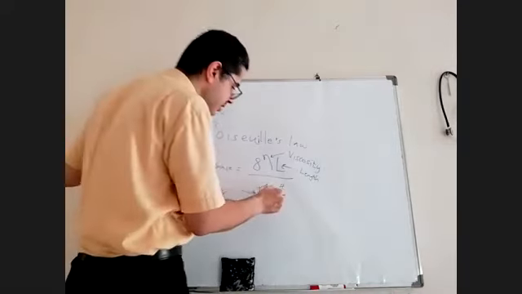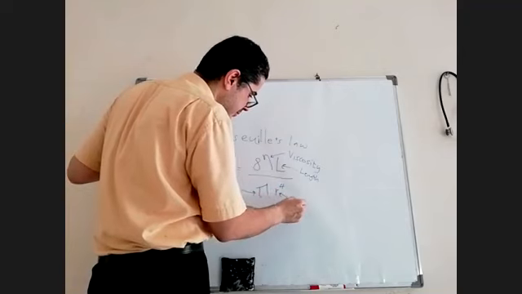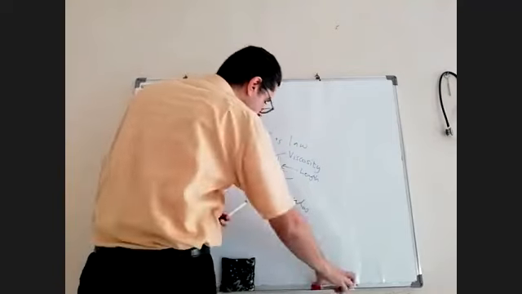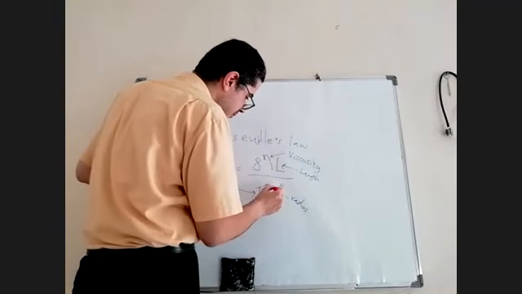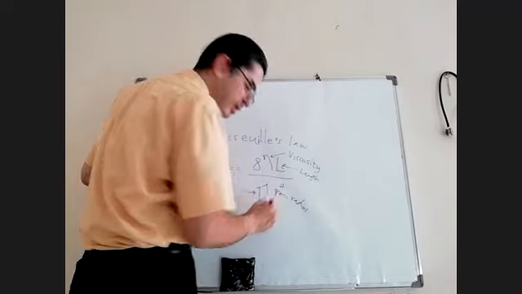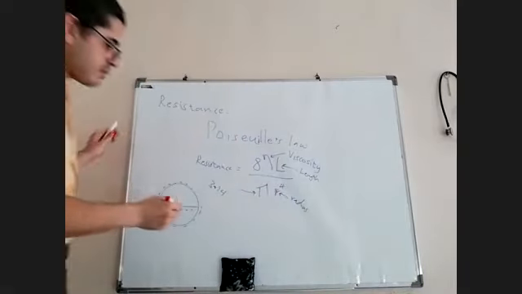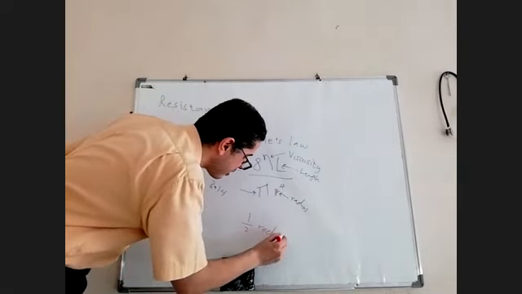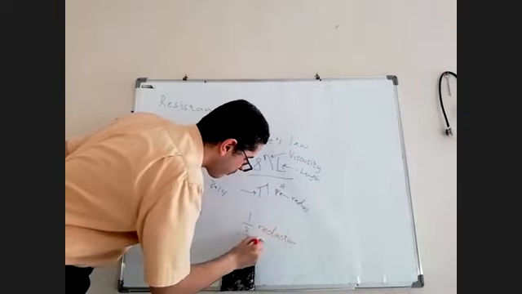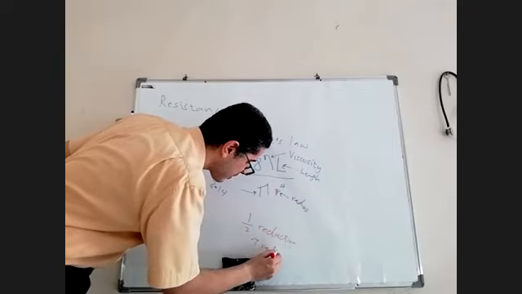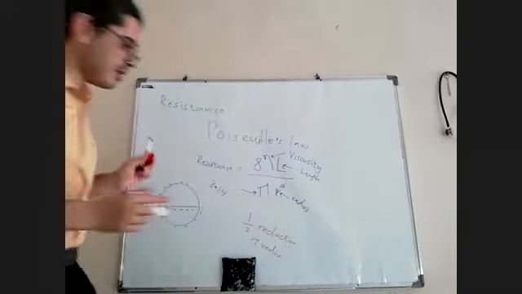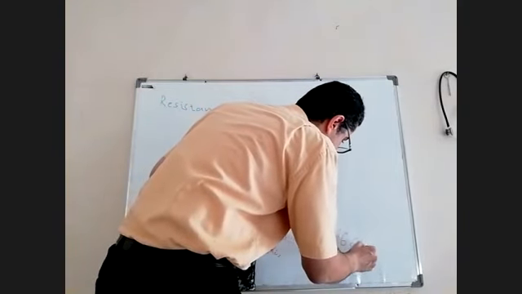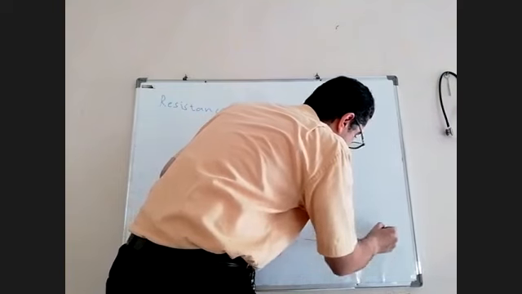And R is radius, and radius is the most important. If radius reduces by half, half reduction of radius, it increases resistance 16-fold.